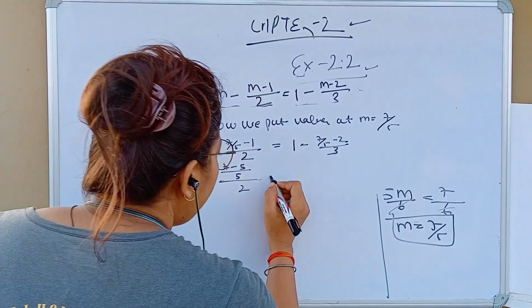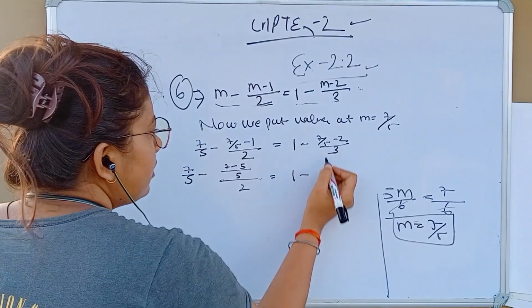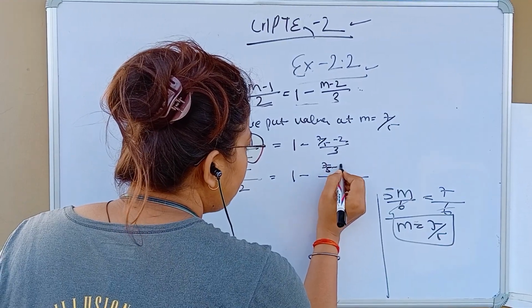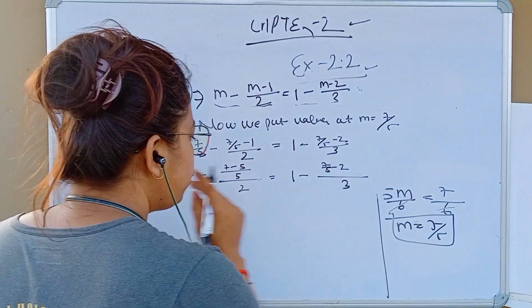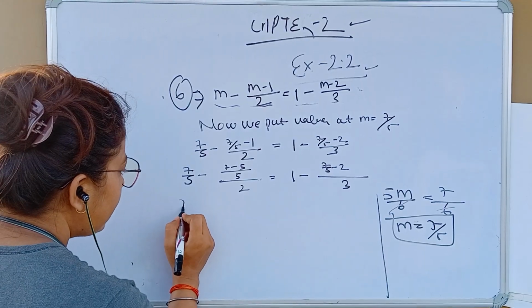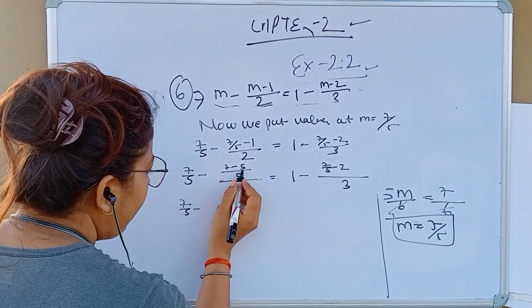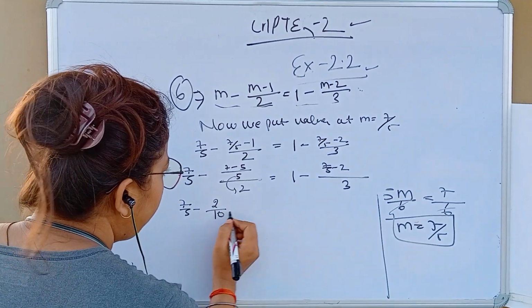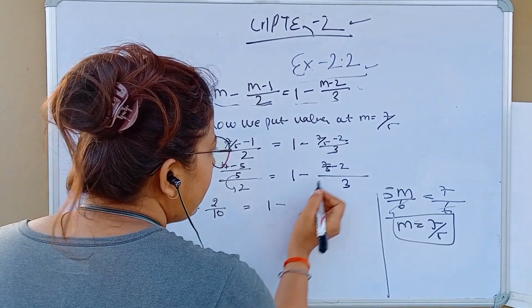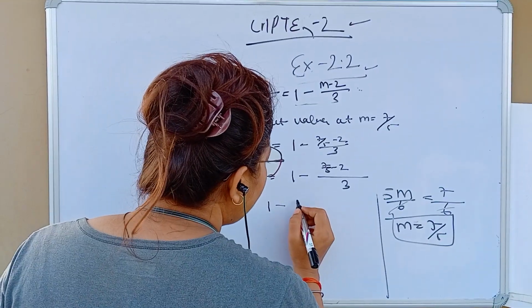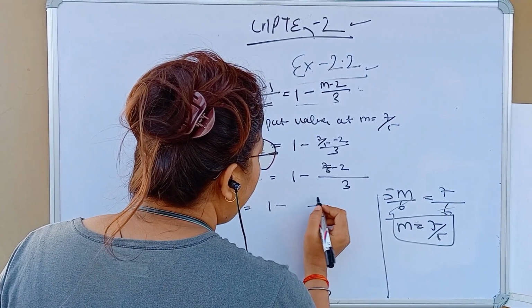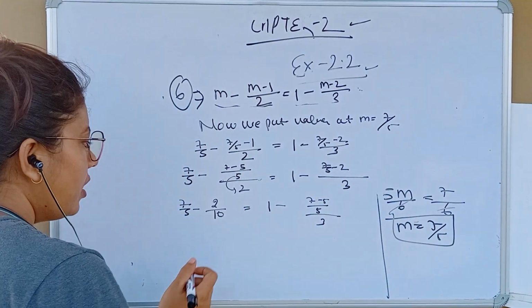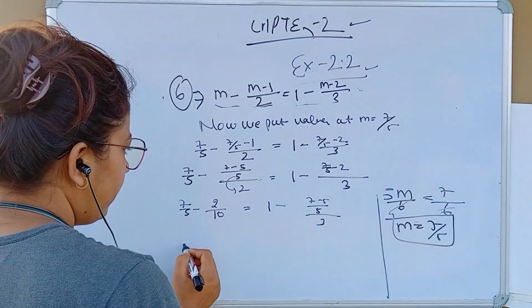Here 1 minus, take 3 as it is, 7 by 5 minus 2. 5 comes in the denominator, so the value is 10. Here LCM is 10.